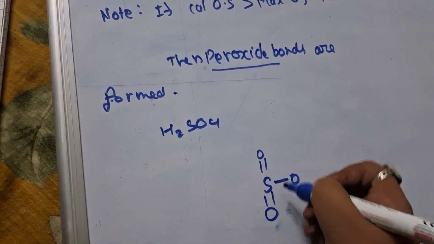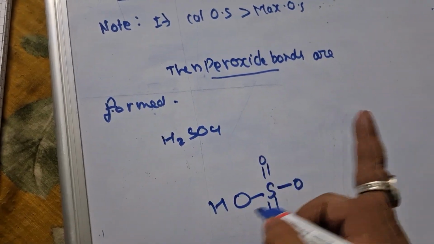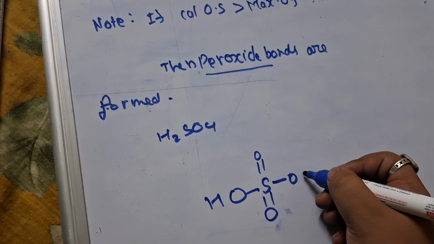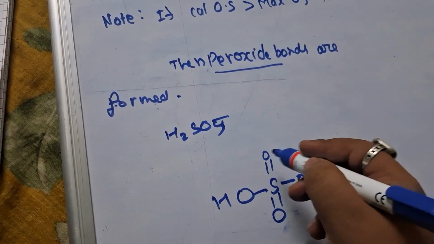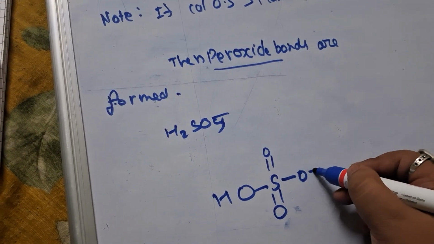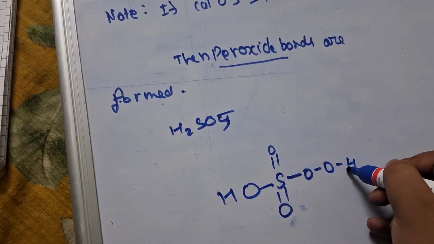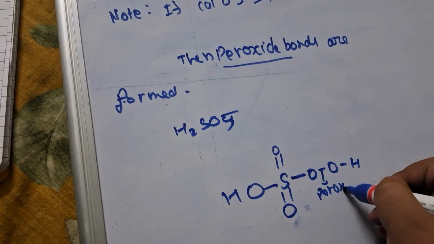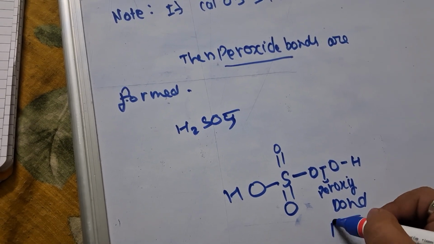Now it makes one bond here, and one H here. But you can't put an H here though. Why not? Because you won't satisfy the number of oxygens. So you need to put an extra oxygen here, and then you have to add the H. So this here is a peroxy bond or a peroxide bond.